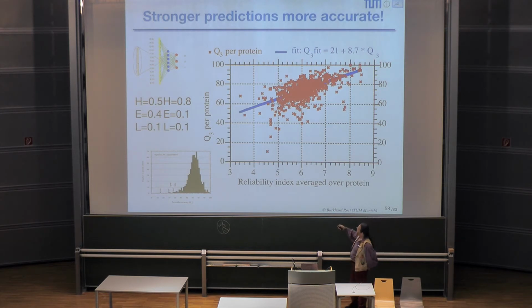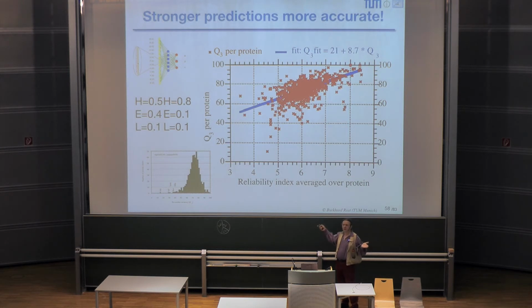Since that is the case, if many of my predictions are down here, I will suspect that the protein for which I predict, although I don't know the answer for that one, is on that side, in a probability sense.